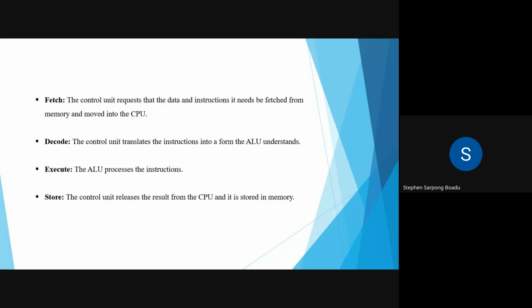So this is the basic machine cycle, the process that the CPU goes through to either save data or project it. It first fetches it, then decodes it, makes sure it understands it before it works on it. After working on it, it stores the data or projects it, right?